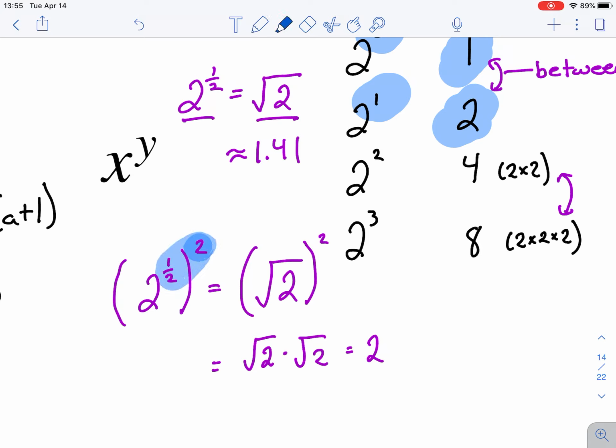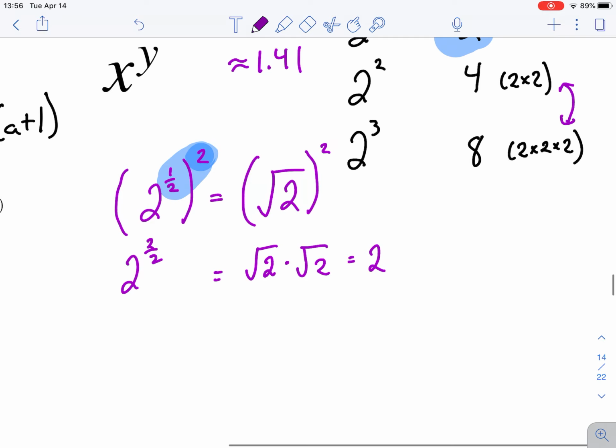Now, if we apply our exponent laws on this side, we multiply the exponents together. So we get 2 to the power of 2 over 2. And 2 to the power of 2 over 2 is just equal to 2 to the power of 1, which is equal to 2. So these two things are the same. All right, so we have a basis now for working with fractional exponents.